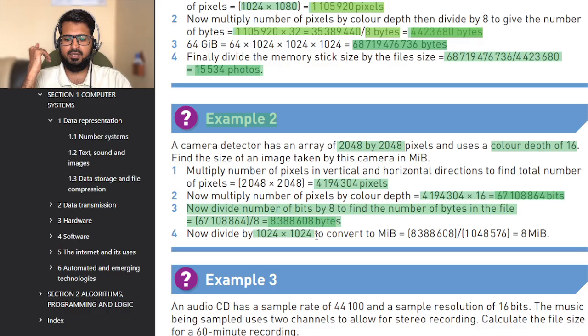So dividing by 1024 two times, we will get the answer in MB, right? The book is doing the two divisions by 1024 in one shot. I suggest doing it one by one, so that gives you the edge to avoid any calculation mistakes.